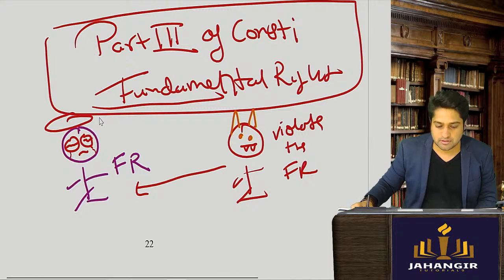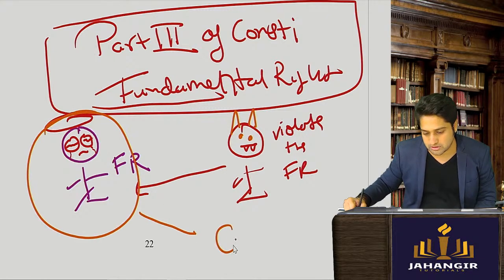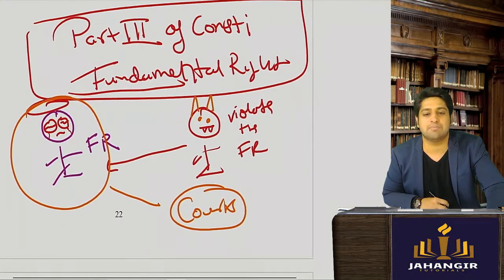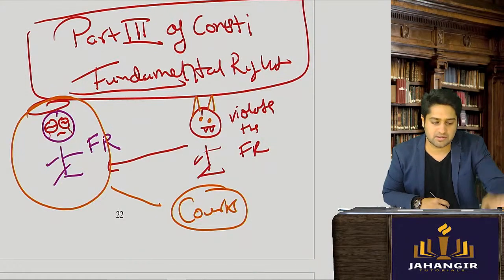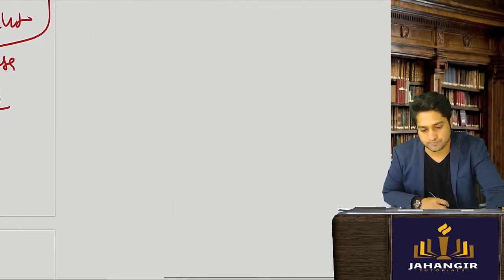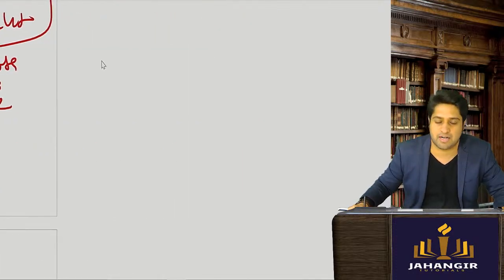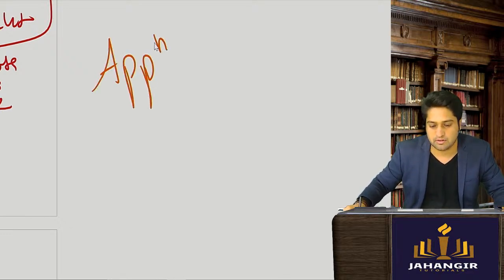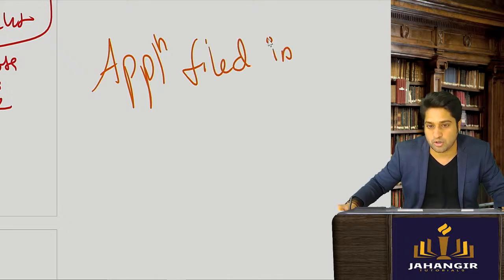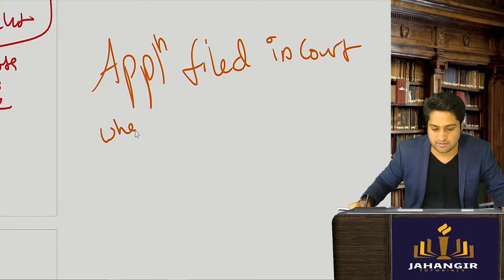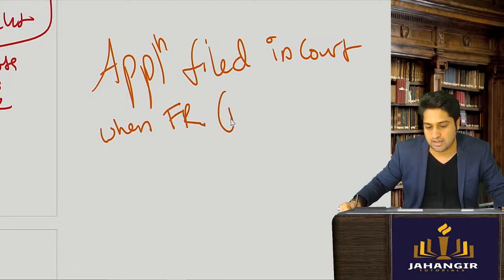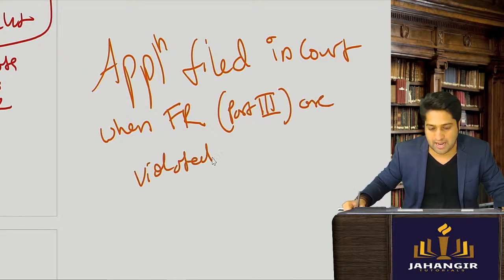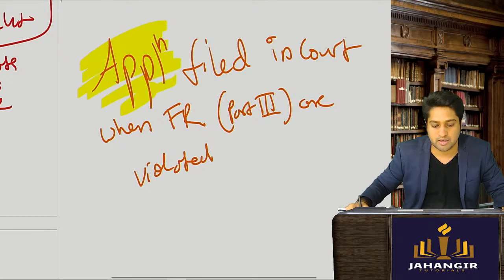So what can be done? He can go up to the courts and enforce these fundamental rights and say that, see, my fundamental rights are violated, please solve my case. Whenever your fundamental rights under Part 3 are violated, the application which you file in court is called a writ.